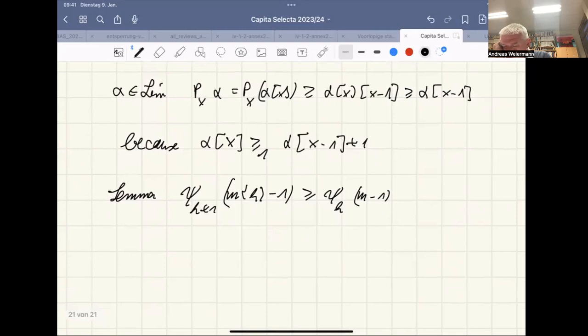Now, how to prove this one? Well, it's simple. c_k of m minus 1 is less than c_{k+1}. We take this number m minus 1 and do the base change in k.